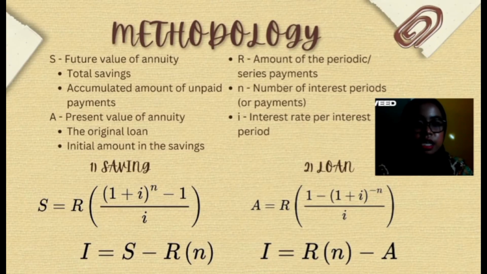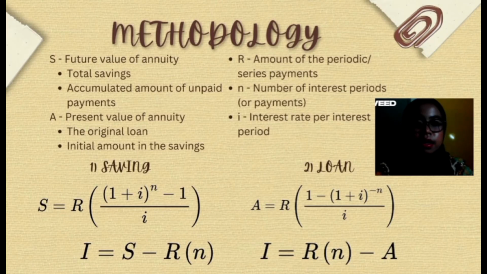For example, shop rentals. Next, the methodology of annuity, which is S, is a future value known as the total savings or accumulated amount of paid payments. Next, we have A. A is a present value known as the original loan or initial amount in the savings.